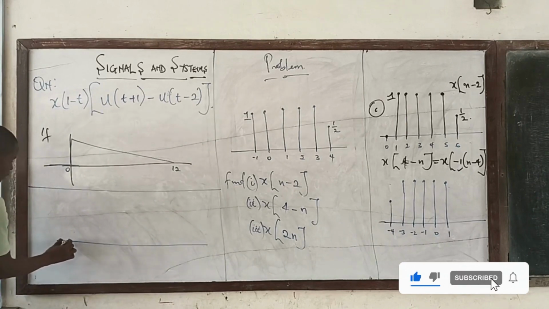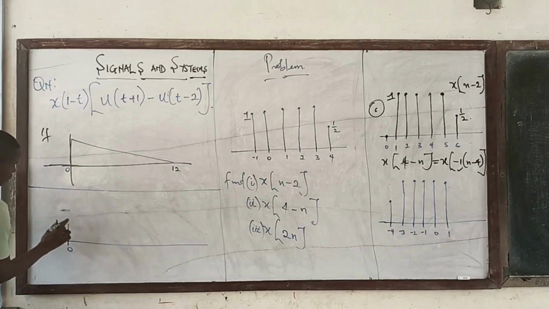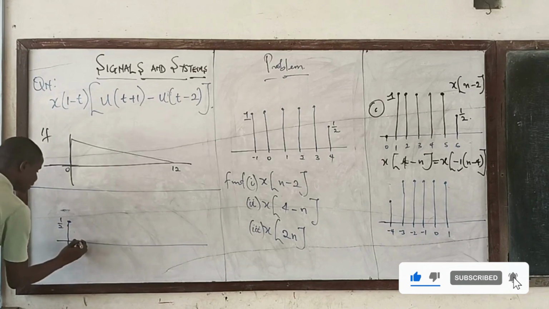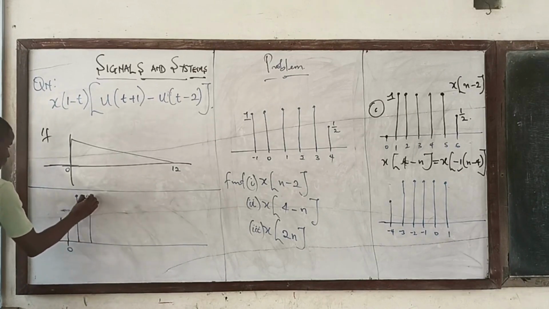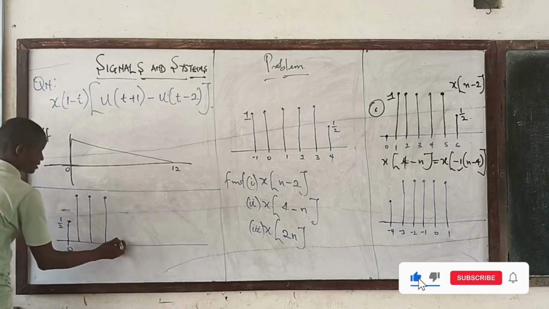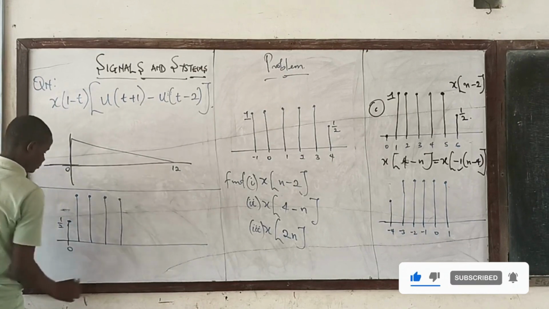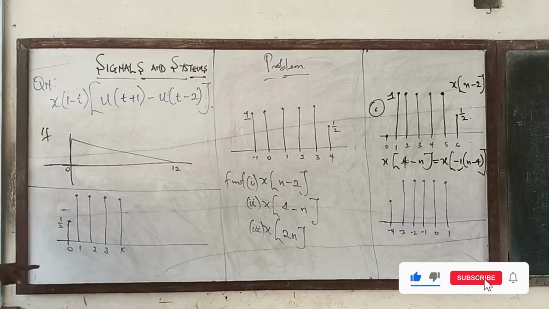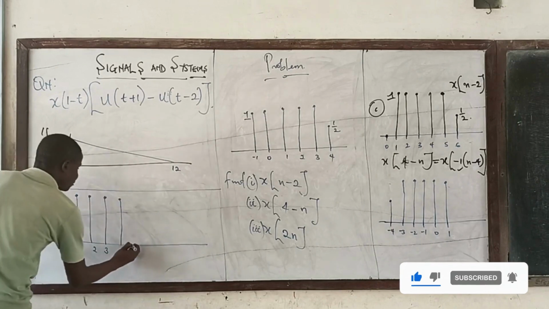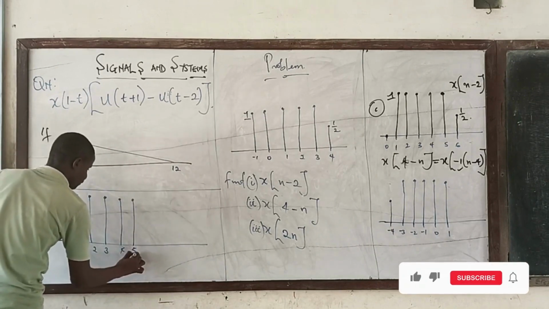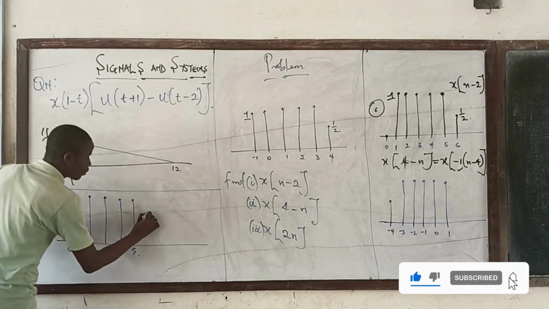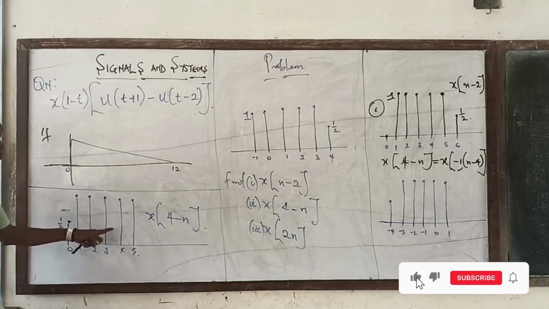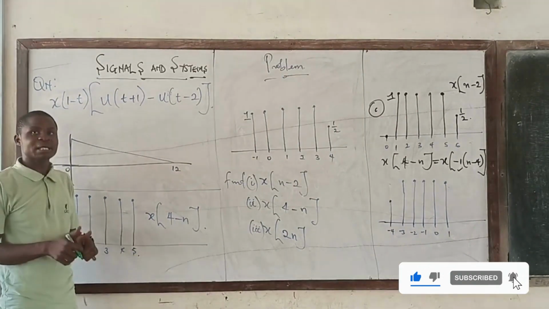I have half, a short Dirac, then I have this: 1, 2, 3, 4, then we have another last sample at 5. So this is now our x[4-n].